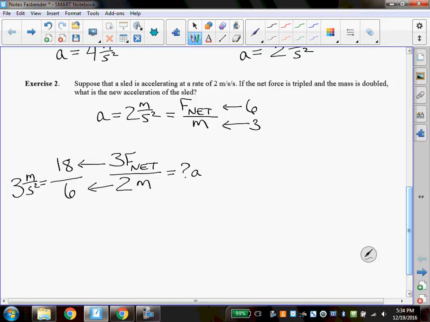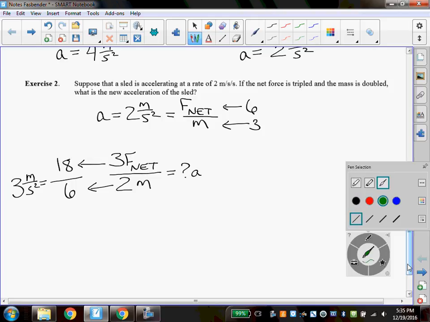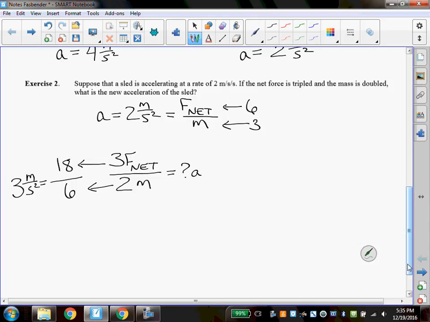But I'm going to show you a second way to solve this problem. If you notice, we have a net force divided by mass right here. And we know that net force divided by mass must be equal to 2, because that's what we were told in the problem statement.